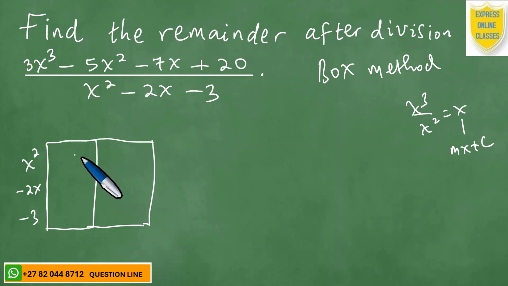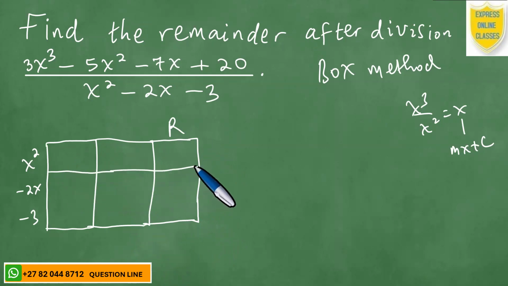Now we have those particular columns, and we have here what we call the remainder block. And so we're going to draw horizontal lines this way.